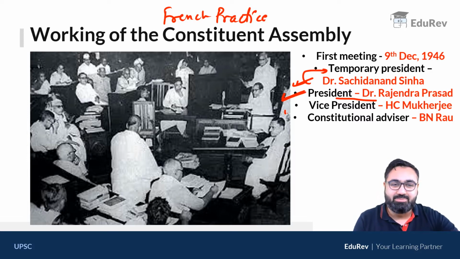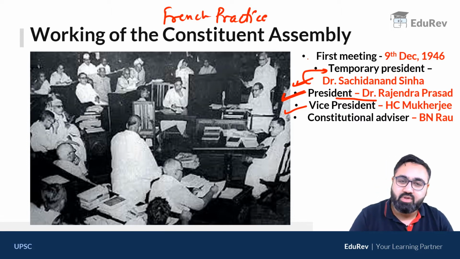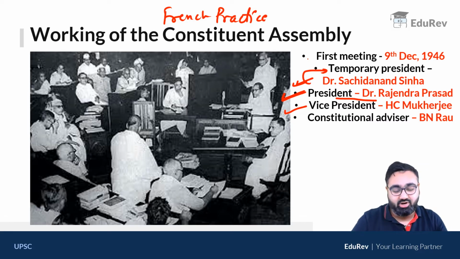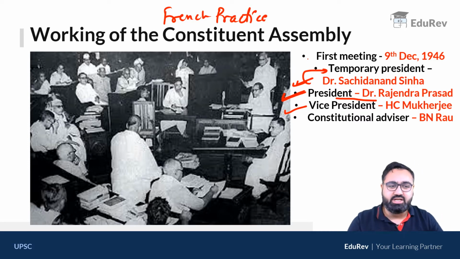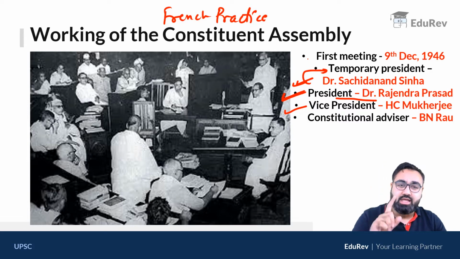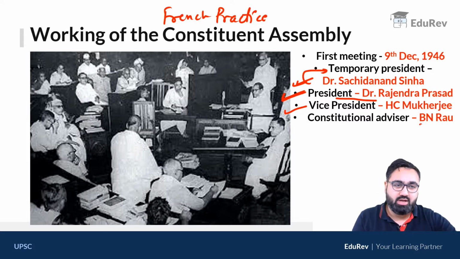Along with him, a vice president was elected, that was H.C. Mukherjee. Remember, later on, when the Constituent Assembly started to function in 1948, a second vice president was also appointed. We will talk about that later. But initially, on just the third day of their meeting, it was H.C. Mukherjee who was appointed as vice president of the Assembly. There was one more office bearer appointed, that was Sir B.N. Rao, Sir Benegal Rao, as the constitutional advisor.